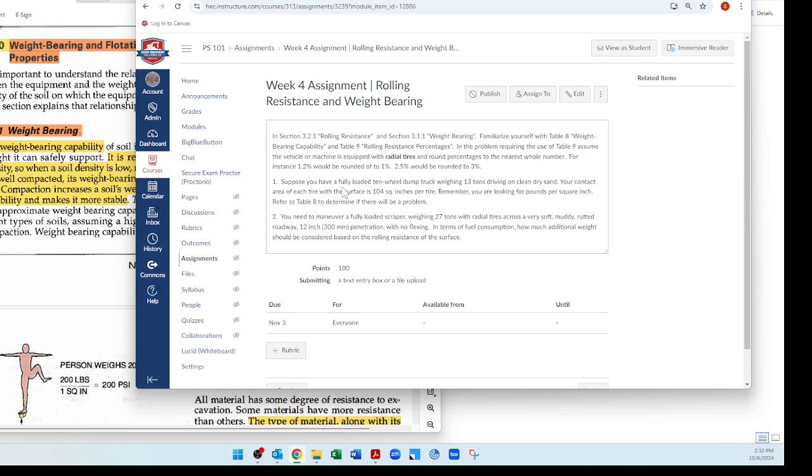So this is going to require the load-bearing capacity chart. Suppose you have a fully loaded 10-wheel dump truck weighing 13 tons, driving on clean, dry sand. Your contact area of each tire is 104 square inches per tire. And remember, you're looking for pounds per square inch. Refer to table 8 to determine if there is a problem.